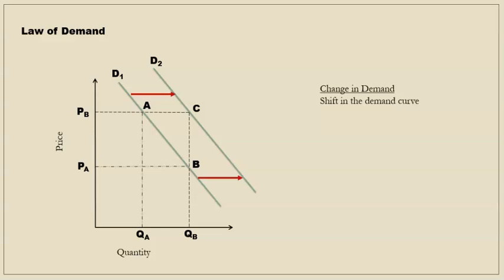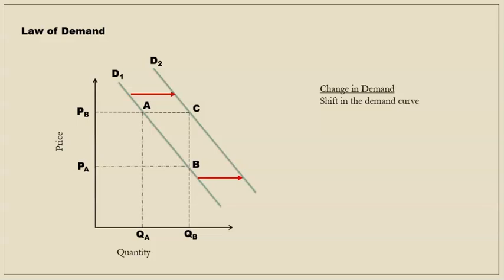So this here is a good example. You have prices on the y-axis and quantity on the x-axis, and that is a typical setup for most graphs that you're going to be seeing for the law of demand or supply.